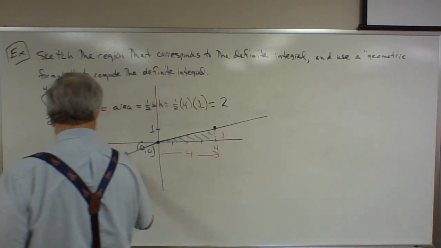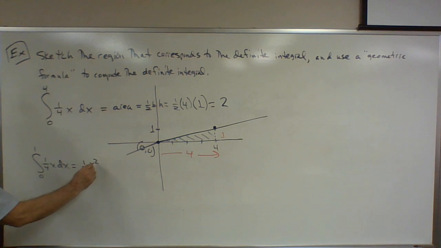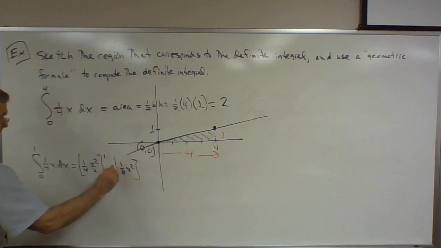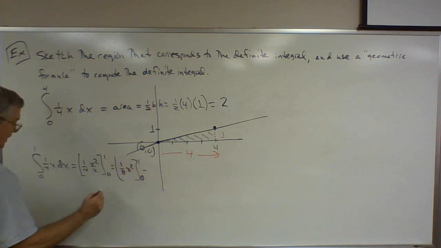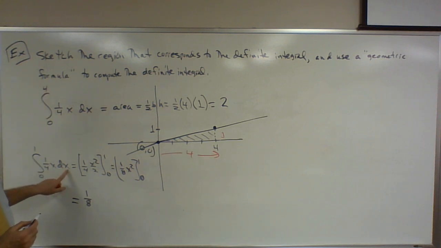Okay, let's double check this. The integral from 0 to 1 of 1/4 x dx is 1/4 x squared over 2, x equals 0 to x equals 1. And that's 1/8 x squared from x equals 0 to x equals 1. Plug in the upper limit, 1/8. Whoops. I'm integrating with respect to x, aren't I?